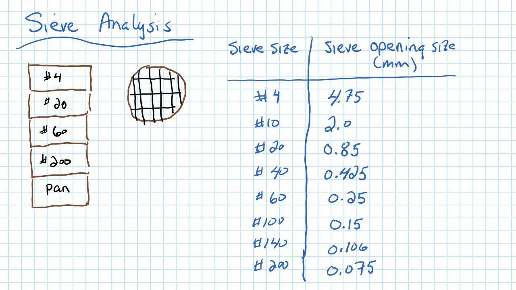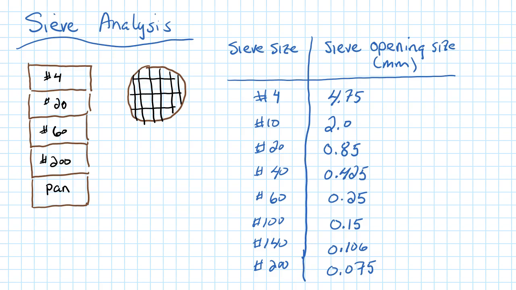Anything smaller than 0.075 millimeters, we cannot see a difference. We can't differentiate grains when they're smaller than that. Materials that are smaller than 0.075 millimeters, we call fines. They consist of silts and clays.